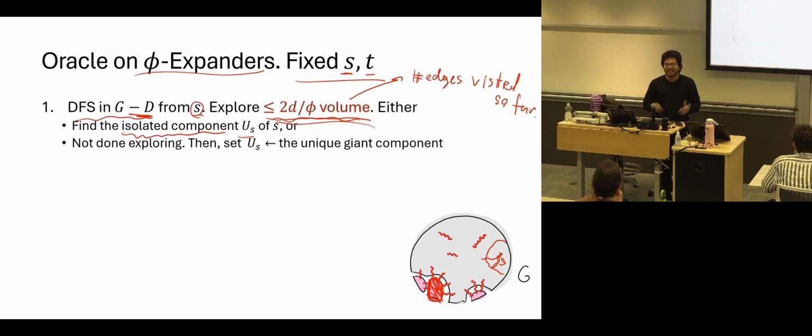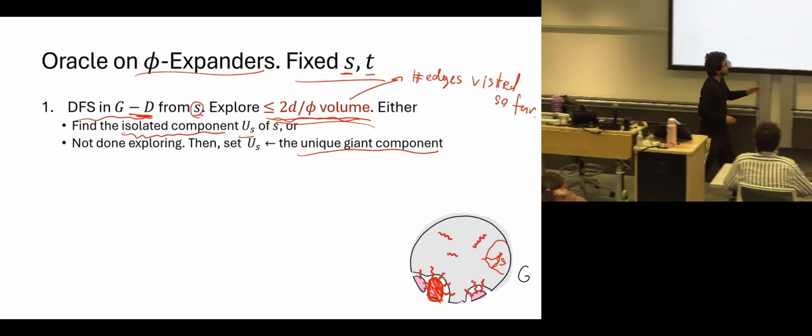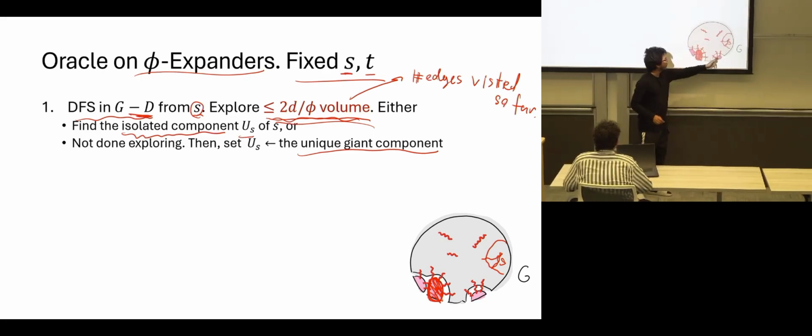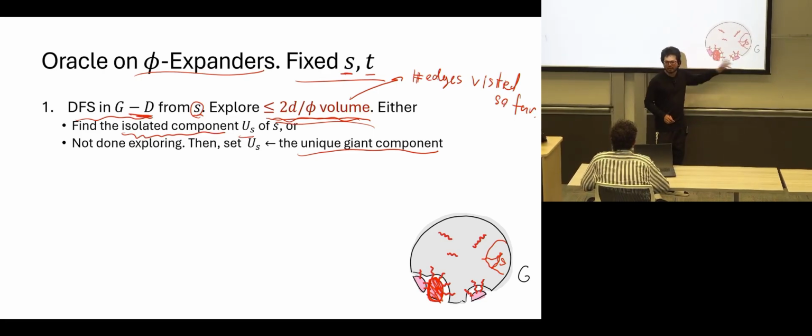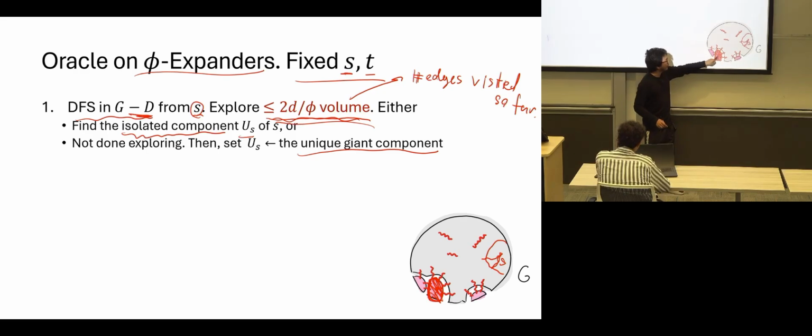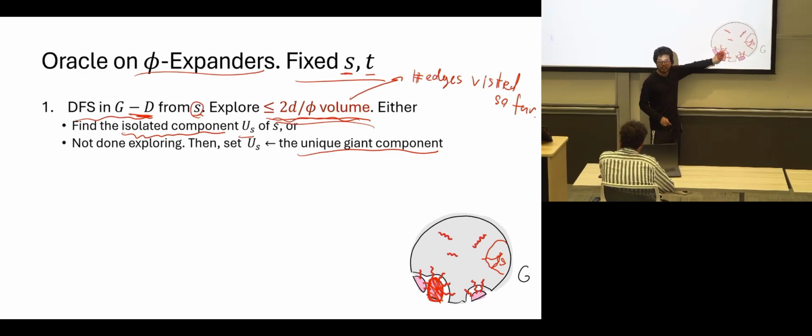Then I claim that S must be in the big component. Does that make sense? This is true because the pink component, the volume in total is something like D over phi. So if I start inside here, I would identify the component that contains it.